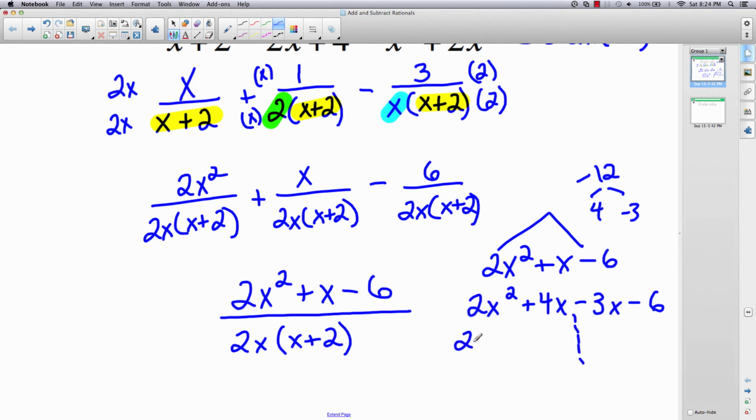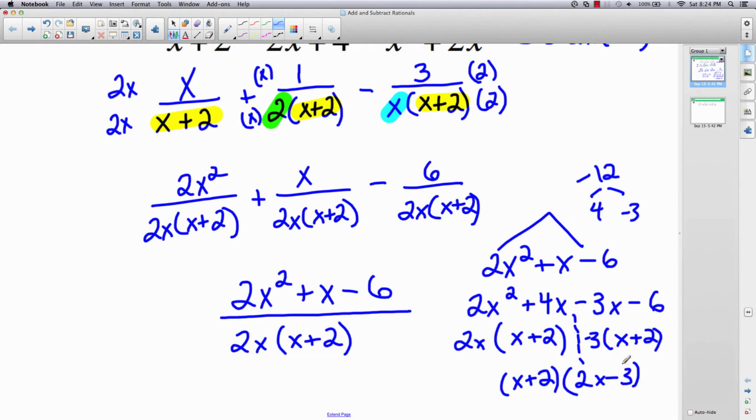We could factor out 2x, x plus 2. Factor out negative 3, x plus 2. What they have in common goes in one parentheses, and the leftovers go in another.